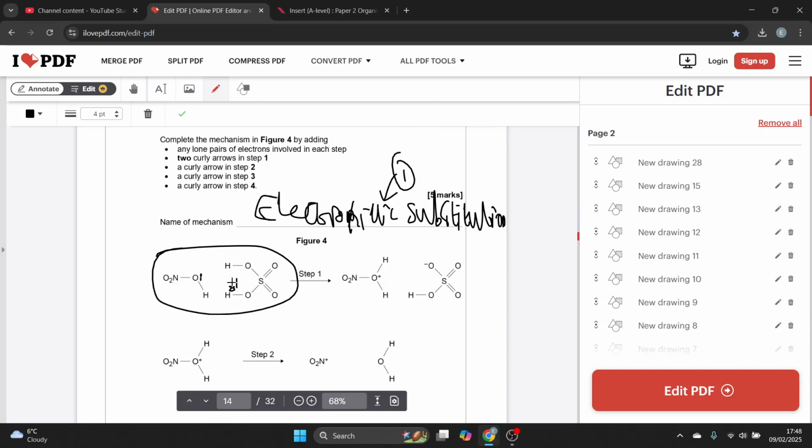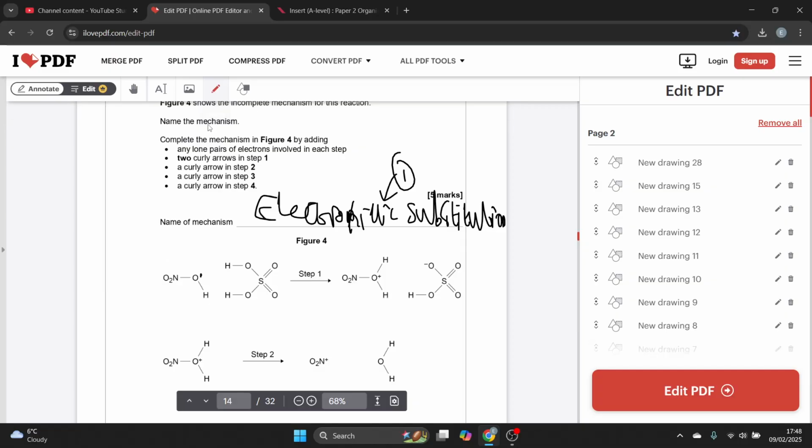This partially positive, this partially negative goes to here, and then that goes here. That's what I'm assuming happens. Yes, but it doesn't happen in that direction, sorry. It happens here. So the lone pair of electrons here, because look, there's a negative charge on the oxygen there. There you go.